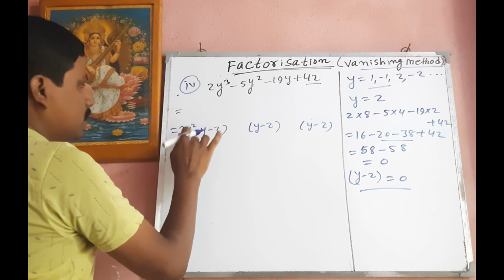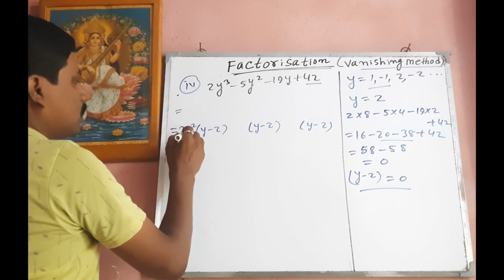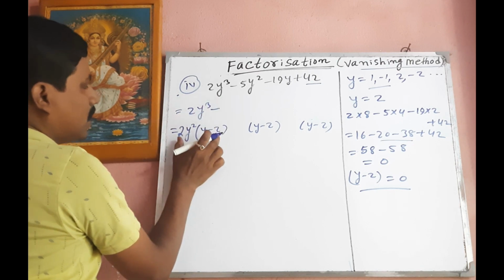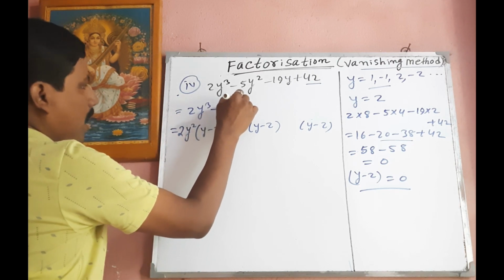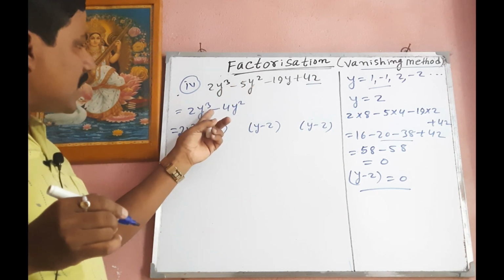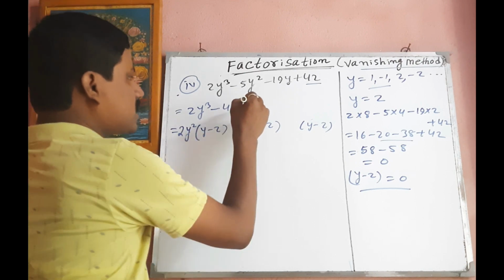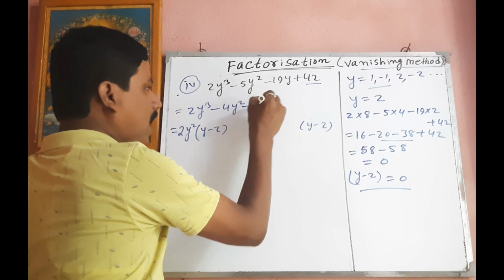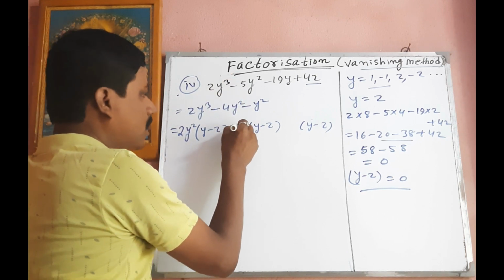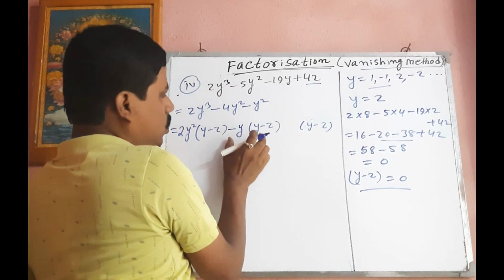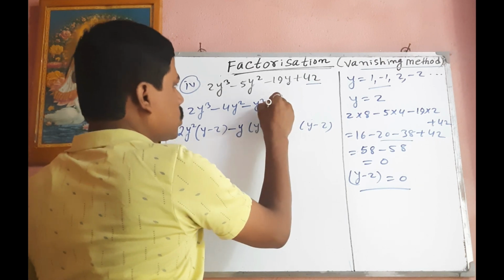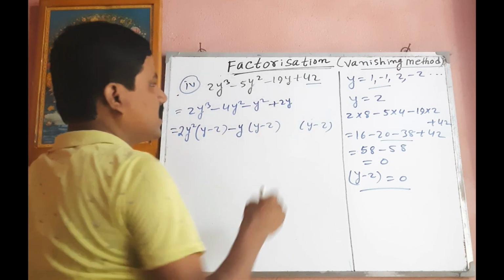So 2y cube is there, and additionally we get minus 4y square, but we need minus 5y square, so additionally minus y square we have to put here to find minus 5y square. So here minus y is there. So this will be the minus y square, and this will be the plus 2y.